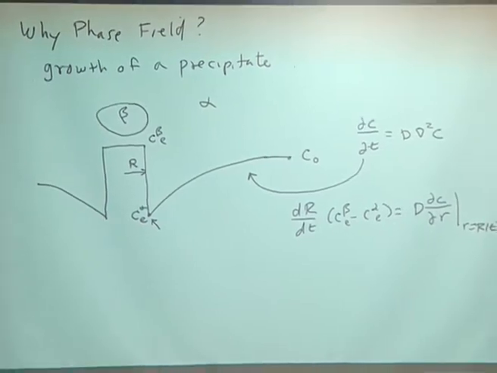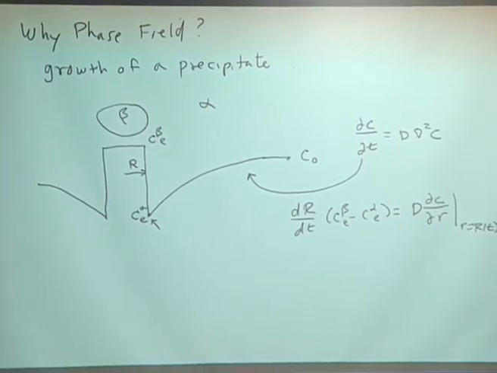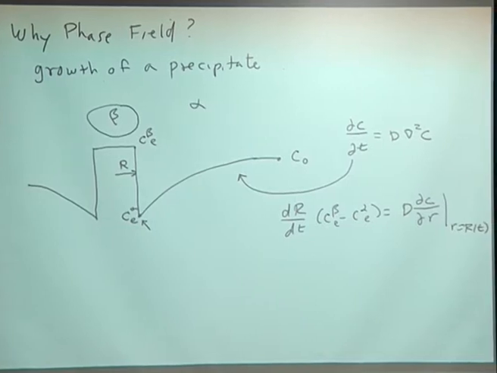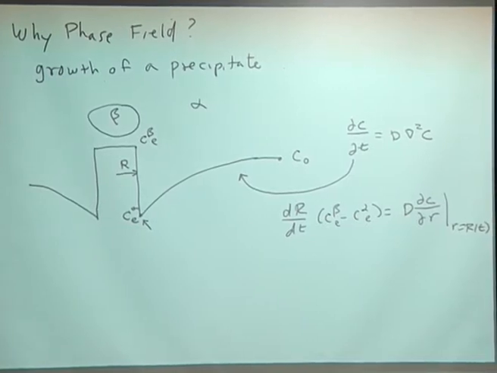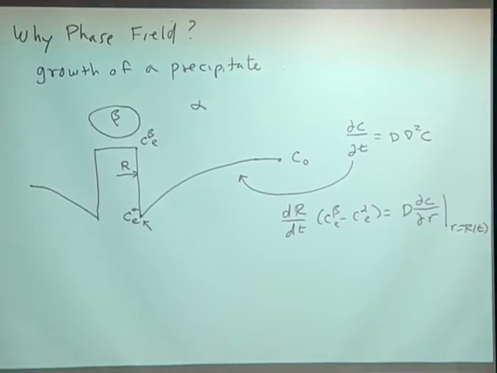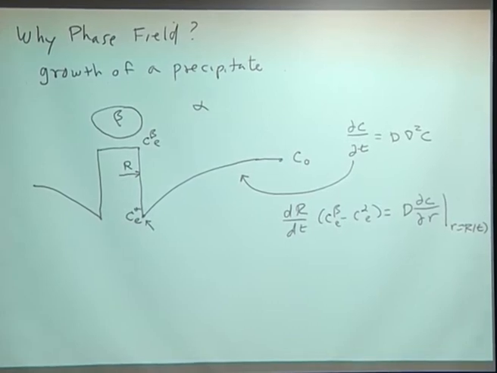Okay, so that's the classic. If you go back to Zener, for example, this is what he wrote down for the growth of a particle. And so it looks like this is a fairly simple thing to do, right? It's just a nice linear diffusion equation with boundary conditions that are given to you.